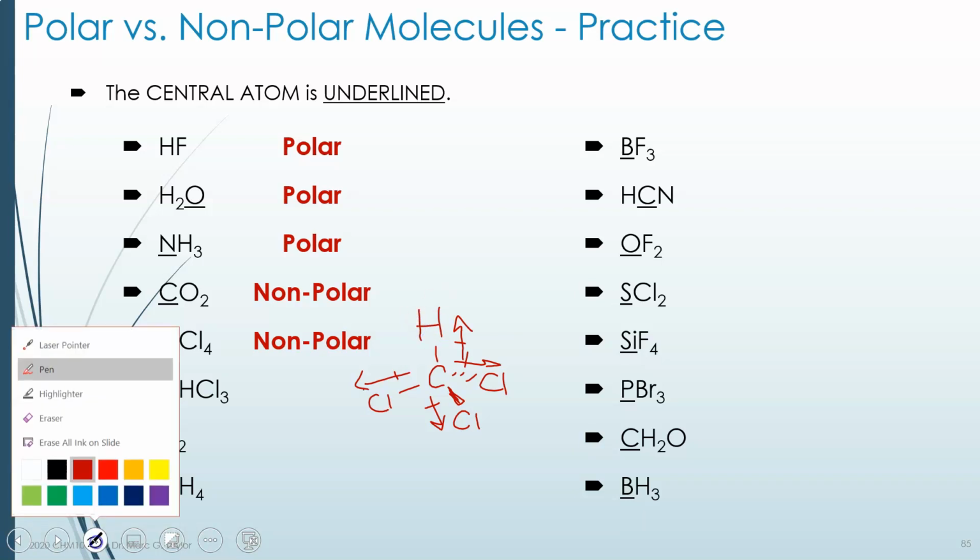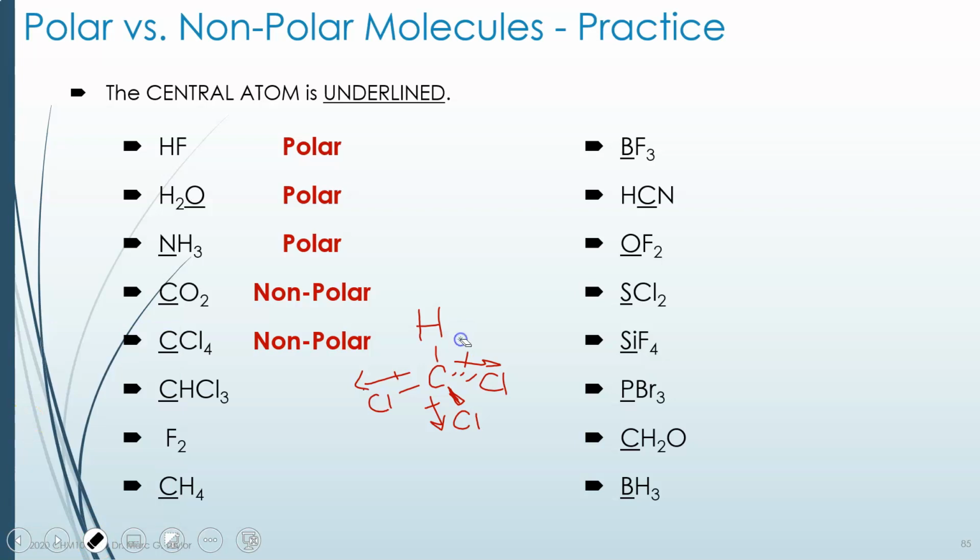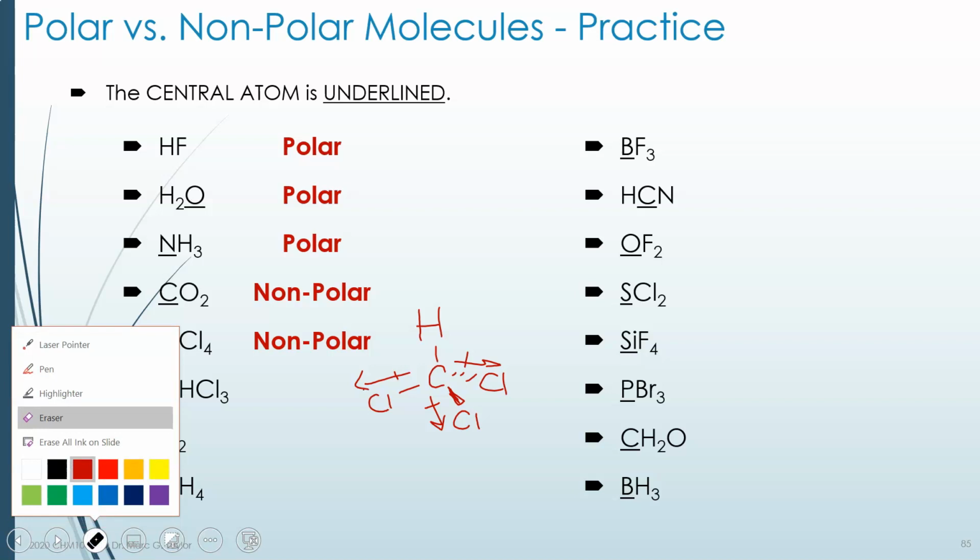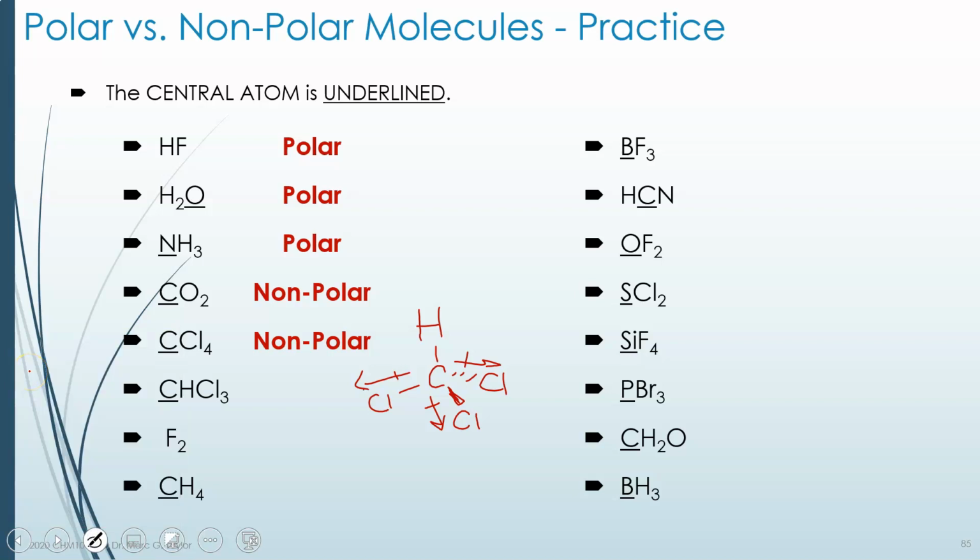So now we have this situation where there is very little difference in electronegativity between the carbon and the hydrogen. In fact, there's even a slight pull towards carbon. Carbon's slightly more electronegative. And now we do have a dipole that's generally in this direction if we added up all those arrows. And so that is quite polar.